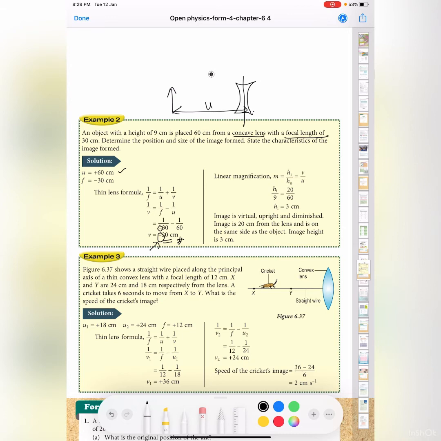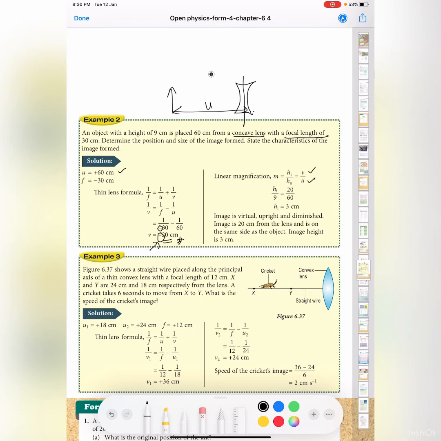Besides the calculation for the position of the image, the question also asks you to find the size of the image. It didn't say so directly, but it does ask you to state the characteristics of the image. So you can use linear magnification. Remember, m, the linear magnification, equals hi, the height of the image, divided by ho, the height of the object, or it also equals the image distance v over the object distance u.